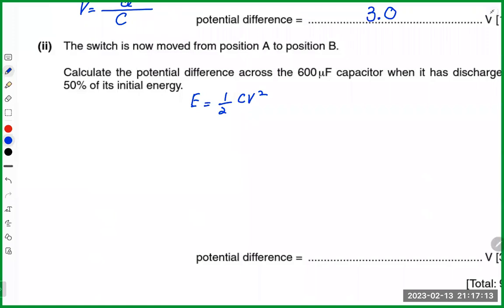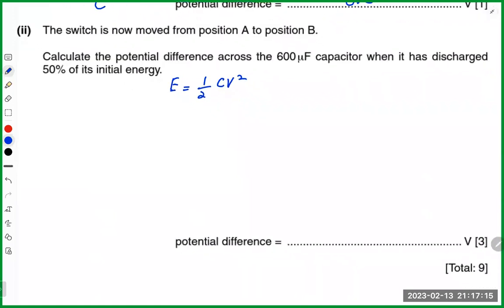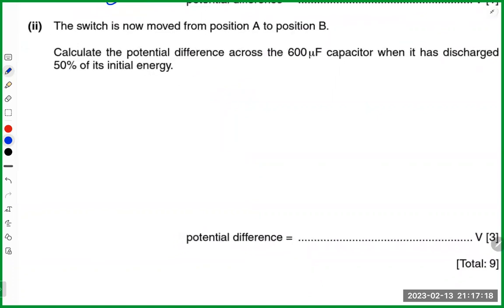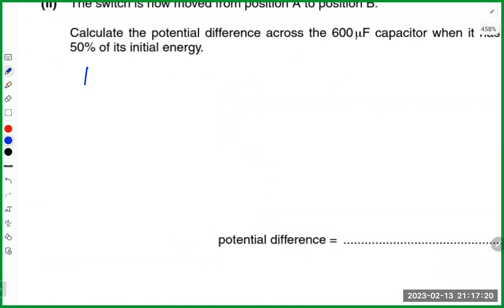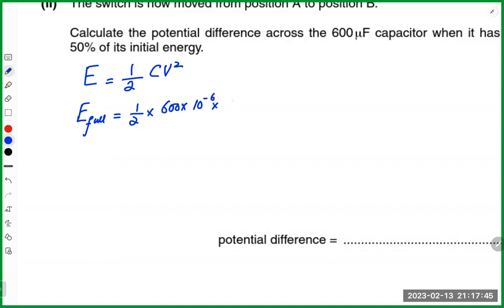Initial energy. There is one mathematical way of doing this, and there is one physics way of doing this. So here we go. E equals 1 over 2 CV square. So when full, it will be 1 over 2 into C, which is 600 into 10 to the power minus 6, multiplied by V, which is 3 into 3, 9.